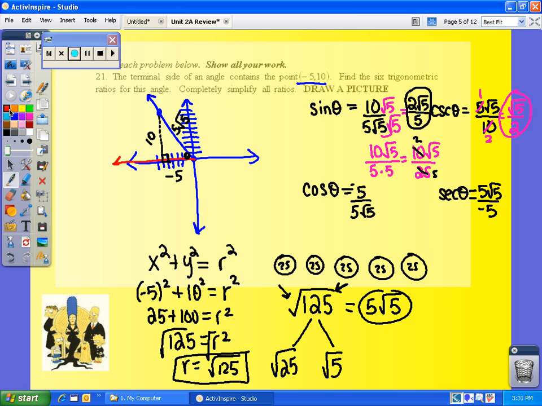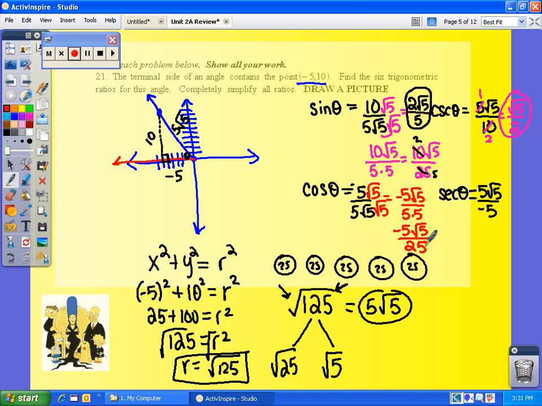Once again, you cannot have radicals in the denominator, so I'm going to get rid of those radicals. And I'm left with negative 5 square root of 5 all over 5 times 5. Of course, that can be written as negative 5 square root of 5 over 25.